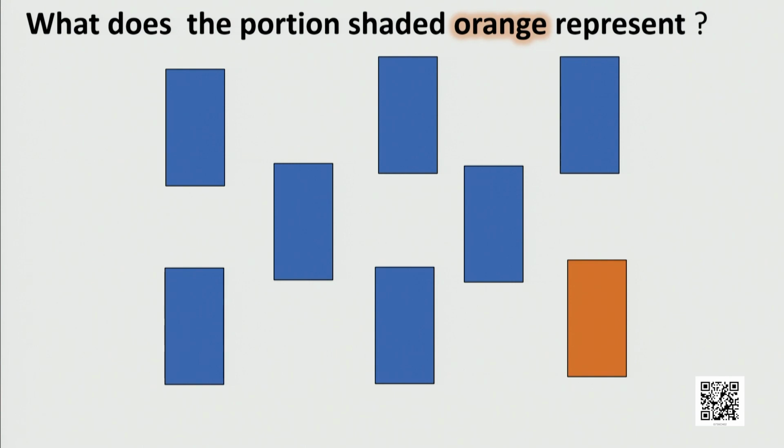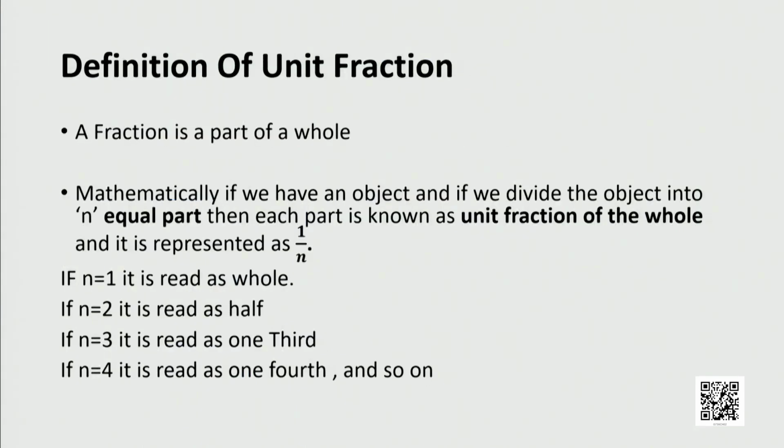Okay, we are going to see it. Before that, we have to discuss some definitions about unit fractions. Now, what is a unit fraction? A unit fraction is obtained when we have an object and we divide the object into n equal parts, and each part is known as a unit fraction, and there is a representation for that.